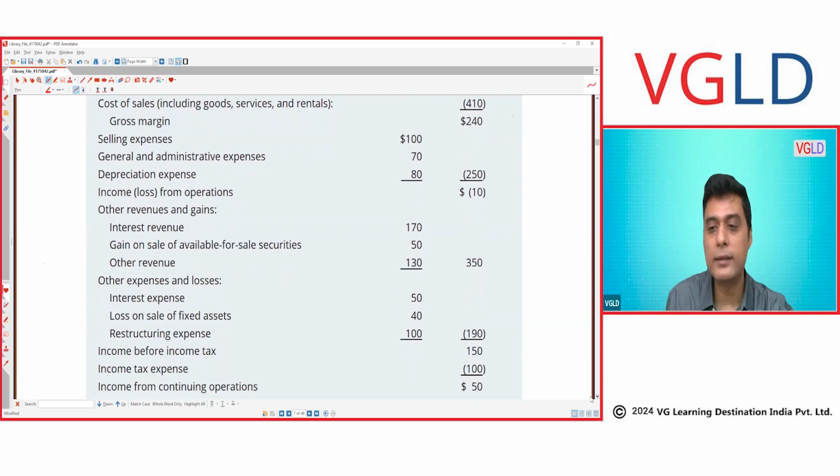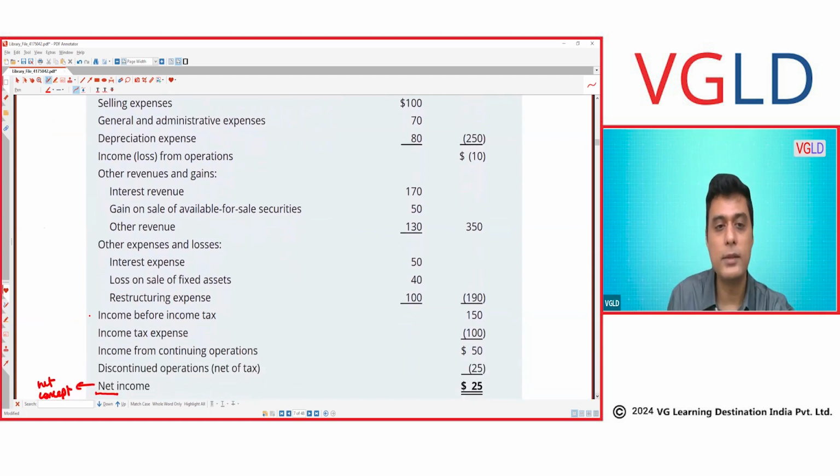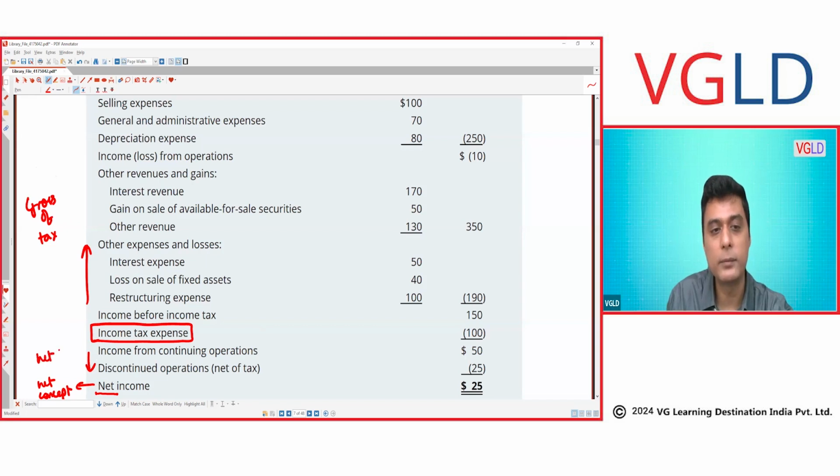See, income tax expense is here. Anything that comes before the income tax line is all gross of tax. Anything that comes below the income tax line is all net of tax.